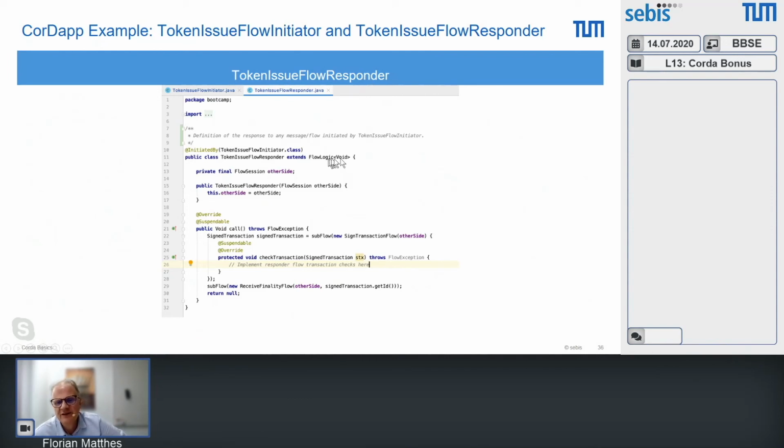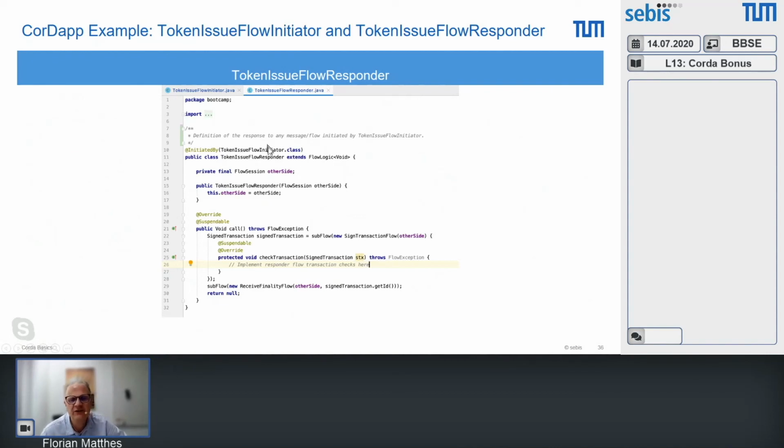In our case, it doesn't return any value. It simply signs objects, so it doesn't return a signed transaction, but a void value because it only enriches an existing object. It's called token issue flow responder, and we also want to tell the compiler at compile time that it should be the responder to this initiator.